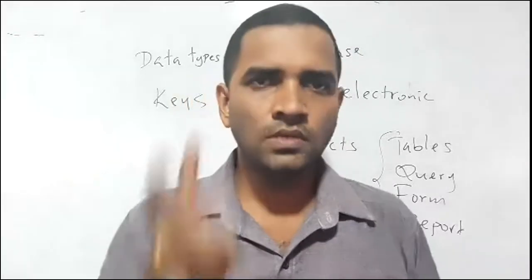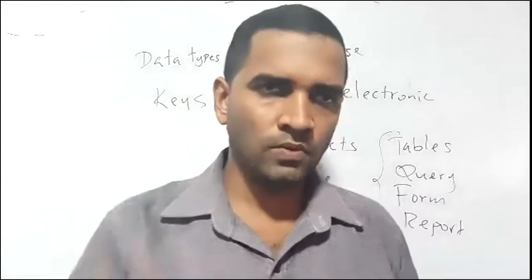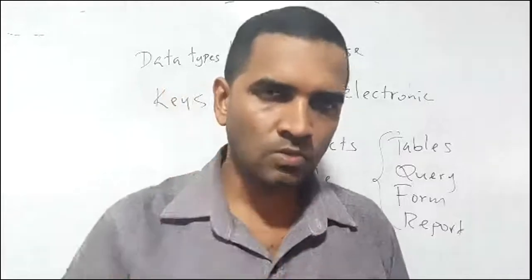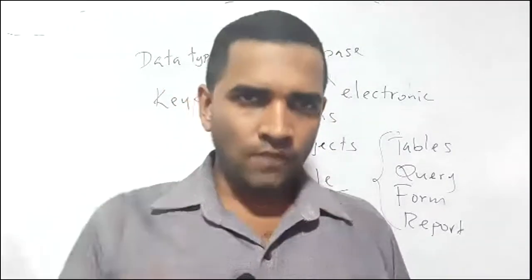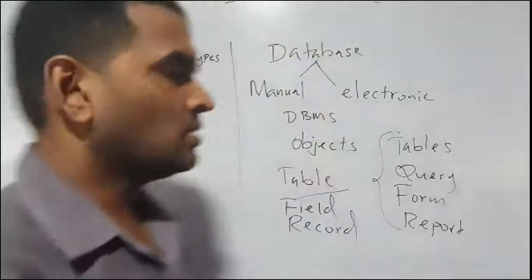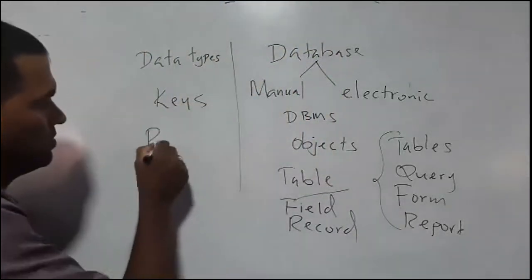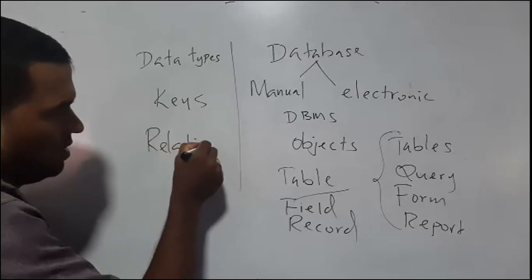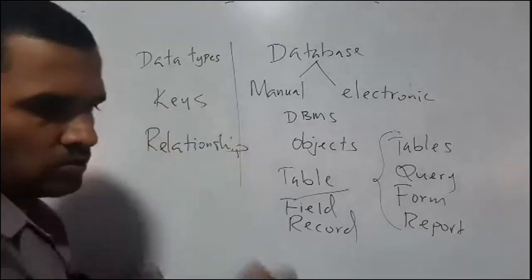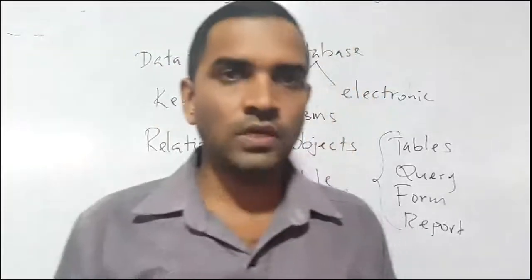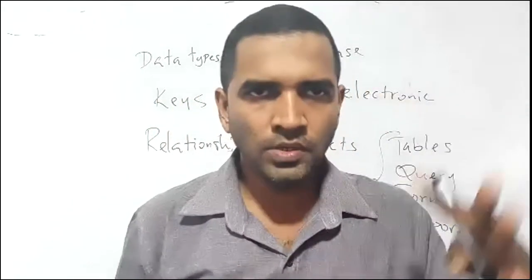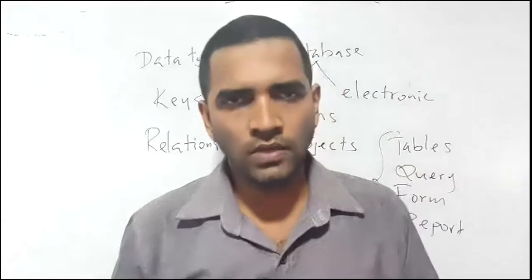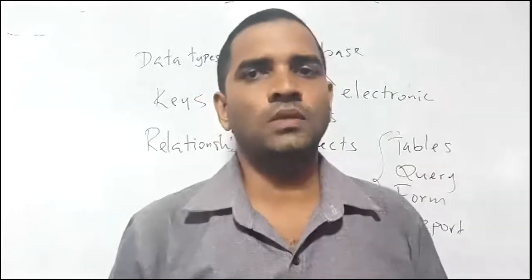We discussed 3 keys: primary key, foreign key, and composite primary key. After that, the last one, relationship. A relationship is a connection or an association between two tables. There can be three types of relationships: one-to-one, one-to-many, and many-to-many.